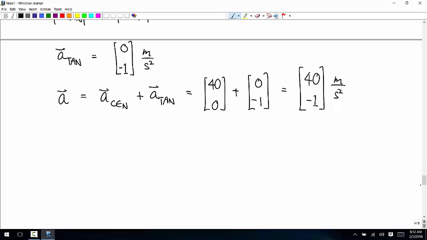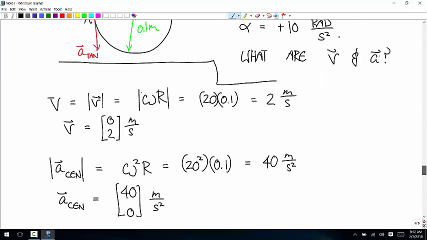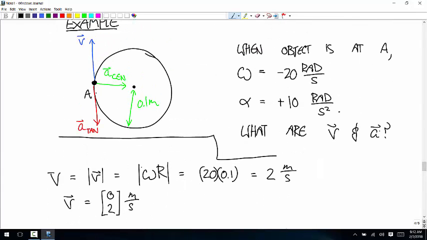It would have been sort of a pain if I had said calculate it at this point here and give you some angle. But you do these magnitudes just the same, and then you have to use cosine and sine to figure out the directions of those vectors.